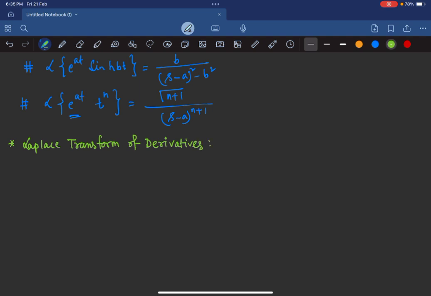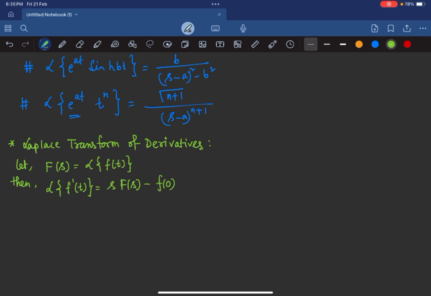So here you can see, suppose let F(s) is equal to Laplace of f(t), then Laplace of f dash t, it is nothing but s F(s) minus f of 0.